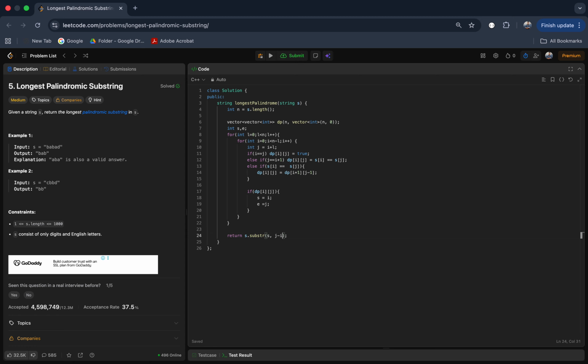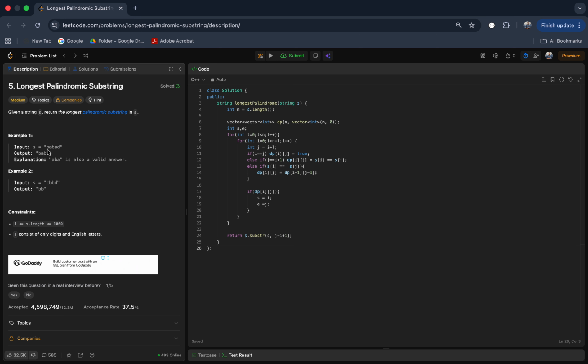So we need to do plus 1 so that it can calculate the total length. Because as we consider, let's say BAD, we need to calculate the substring.